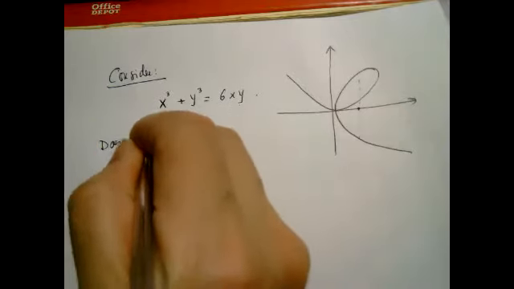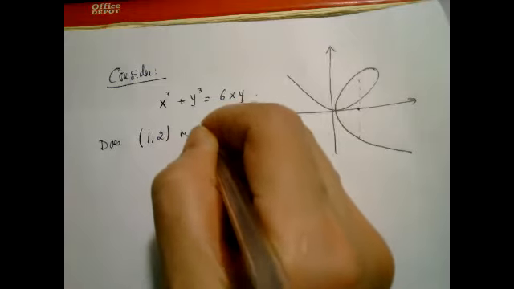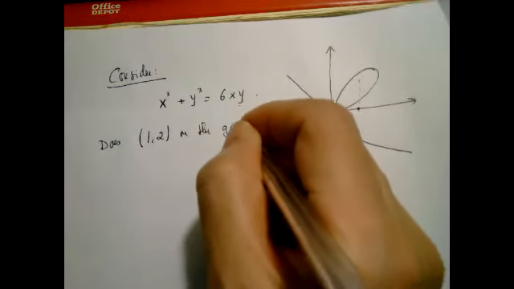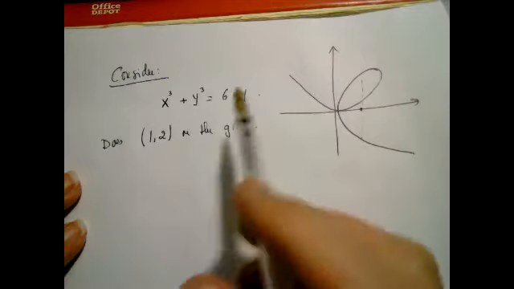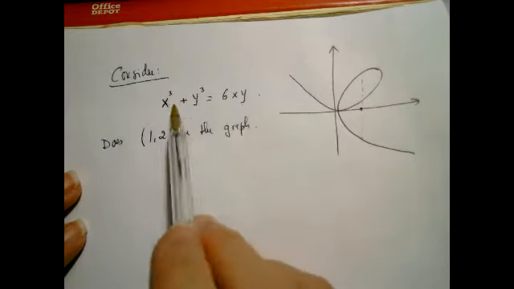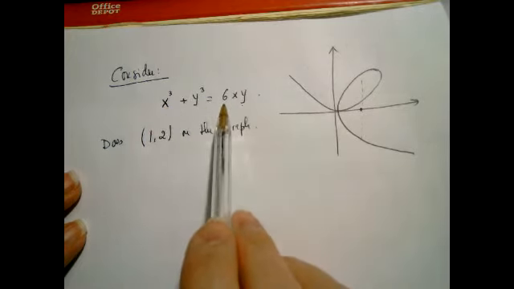Is the point 1, 2 on the graph? What does it mean? It means if I plug in 1 for x and 2 for y, is this equation satisfied?